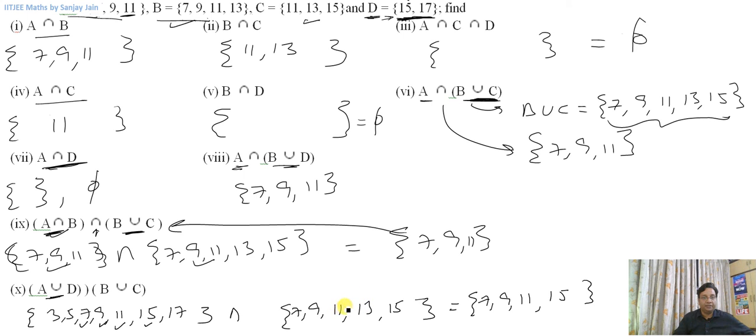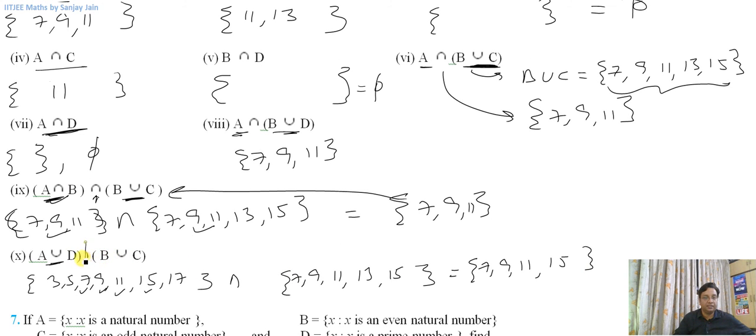Right? And what about if I want their union? If there is union here, then I'll take all the elements that are there, avoiding the common elements. Okay, so this was for intersection only. In intersection I took only the common elements 7, 9, 11 and 15.